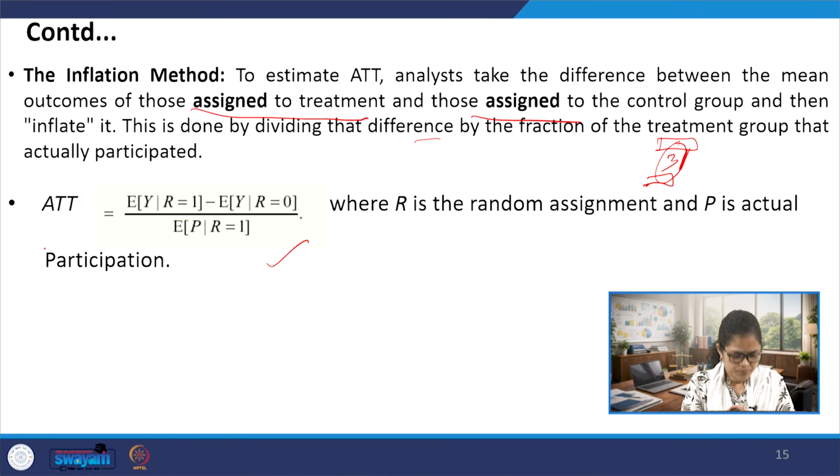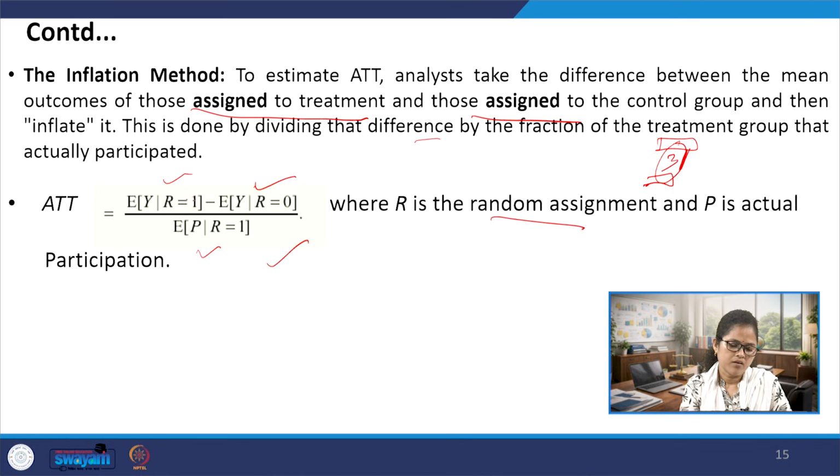So in order to estimate this average treatment effect, what is it? It is the difference between the expectations or mean outcomes of these two groups divided by the fraction of the treatment group that actually participated. Here R means random assignment.